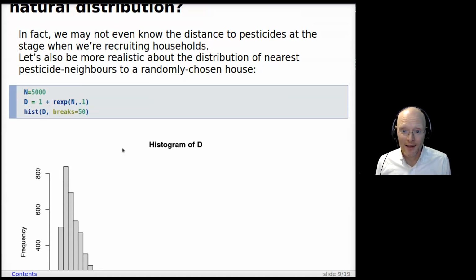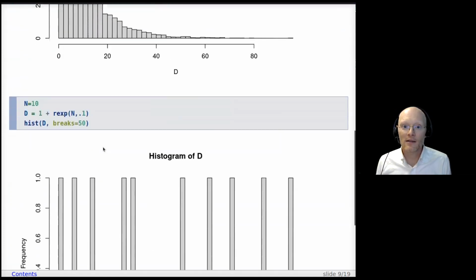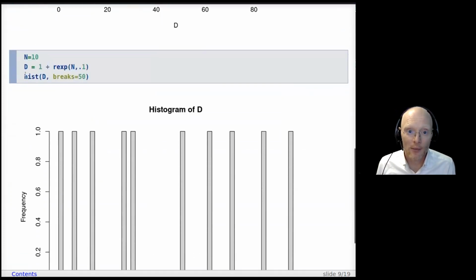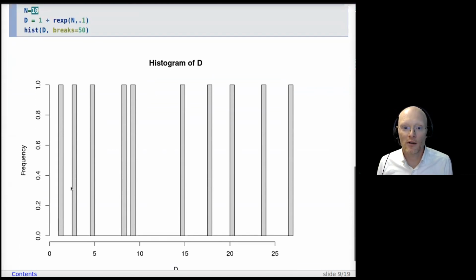But once again, I'm not actually going to have enough money to have 5,000 of these. Let's simulate with a more realistic number. What if I had 10 hives? What is the distribution of distances going to look like? Well, here's a draw I get where there are just 10 hives. Okay, so I got some that are only 1 or 2 kilometers away and spread out like this.